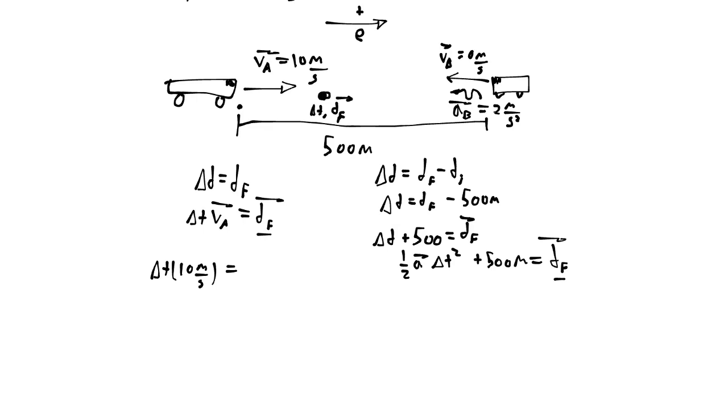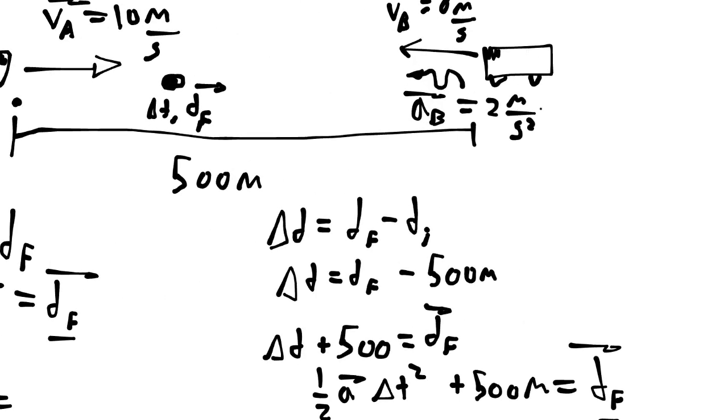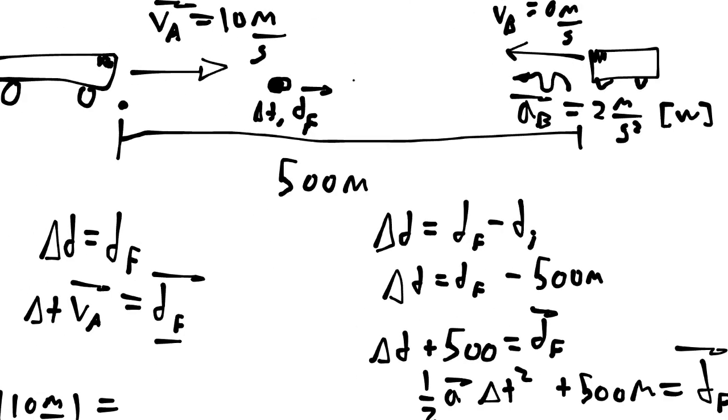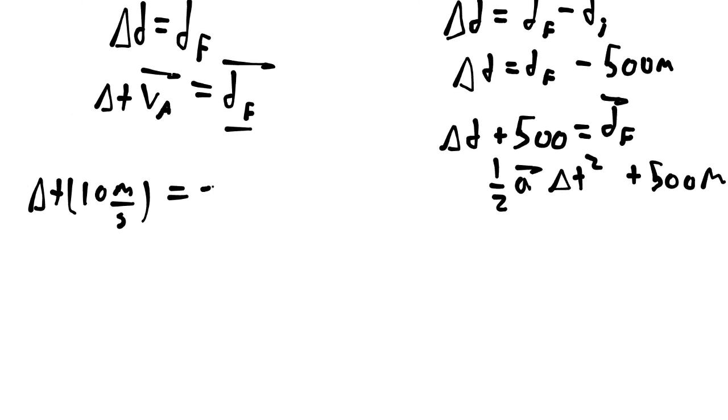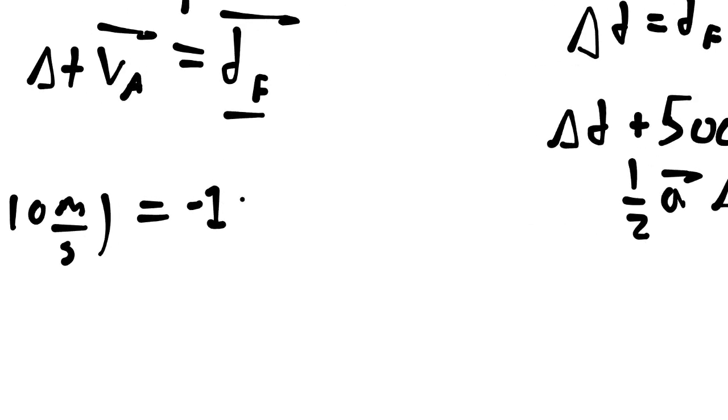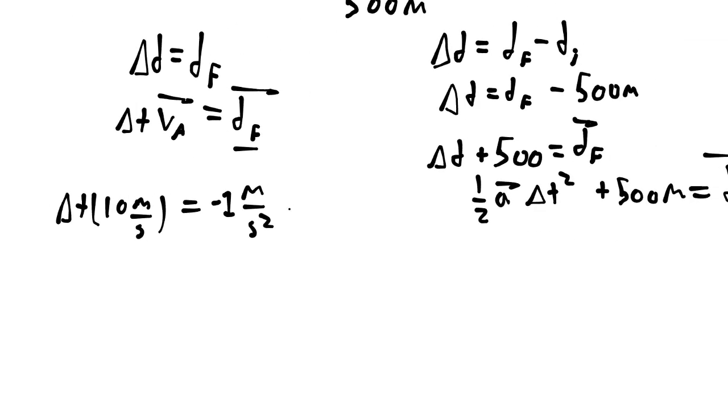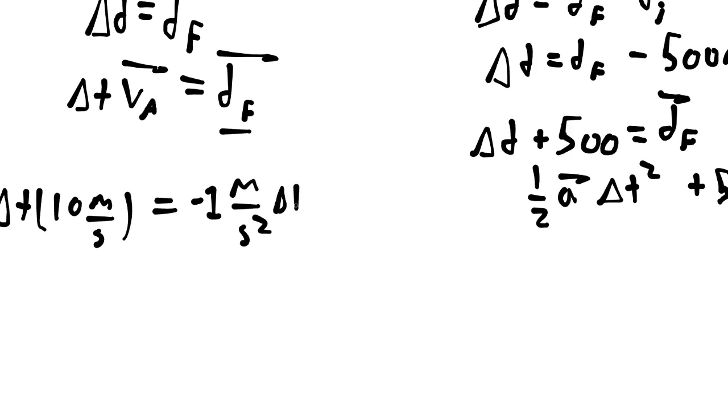So acceleration is 2 meters a second squared, and it's also west, so I'll just write west here. And west is negative, so it's negative 2 meters a second squared multiplied by 1/2, and that just becomes negative 1 meters a second squared, and delta t squared, plus 500 meters.